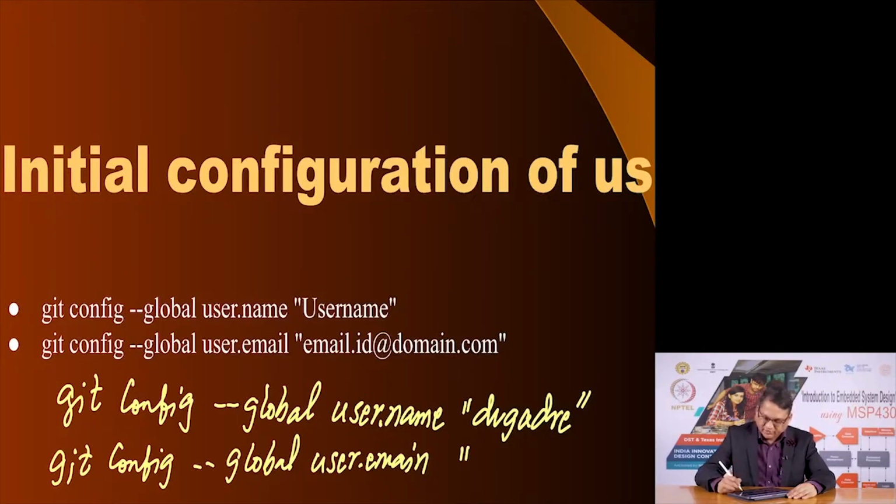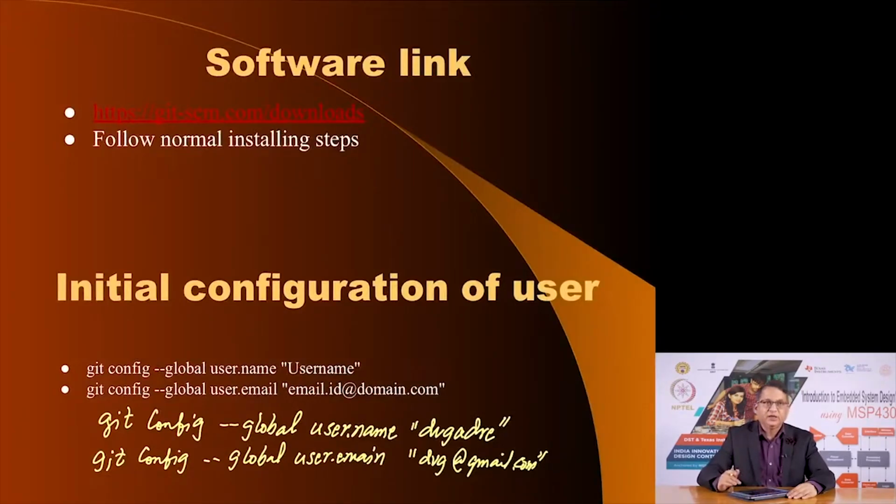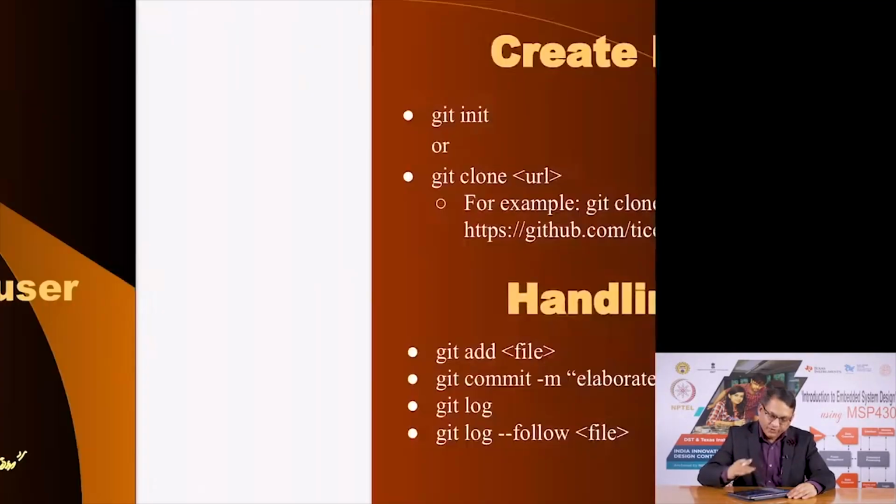So, if it was dvg@gmail.com, I should type that, or if it is something else I should type that. By the way, this is not my email address. So, once you do this, it will basically register this software with this username and assign this email address to this user. Now, what do?